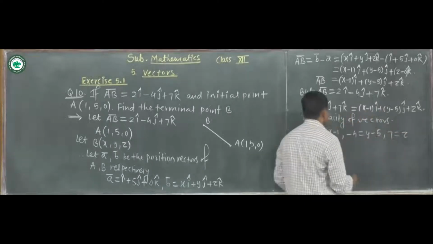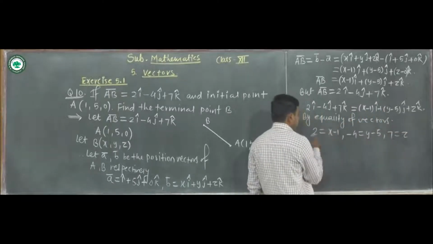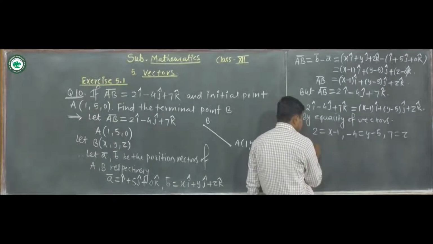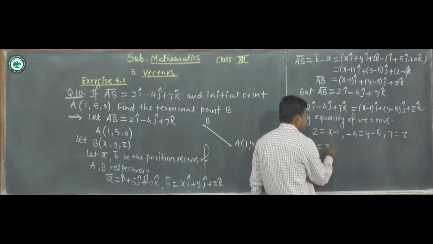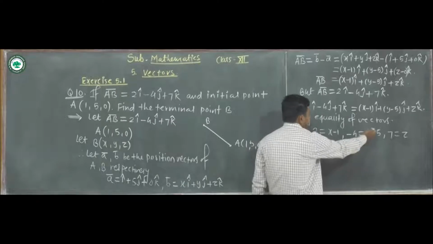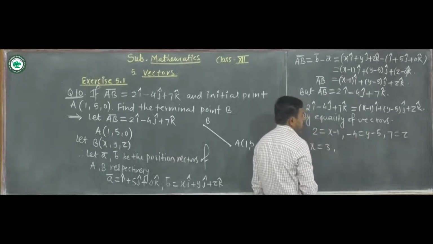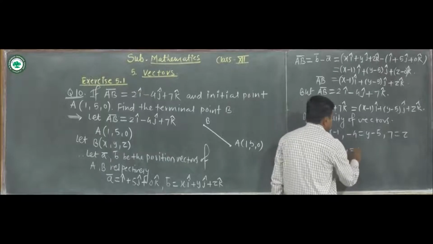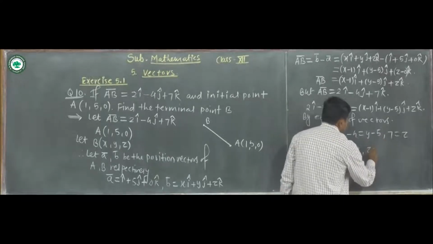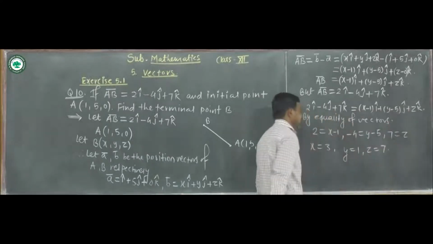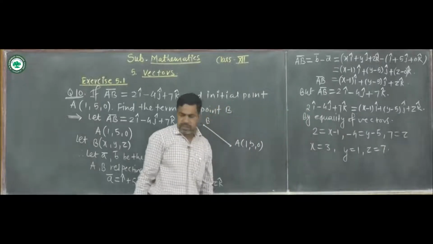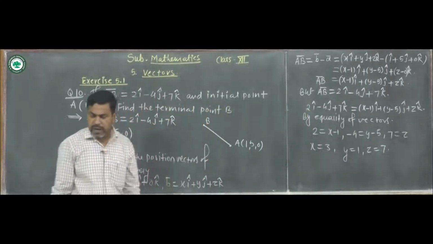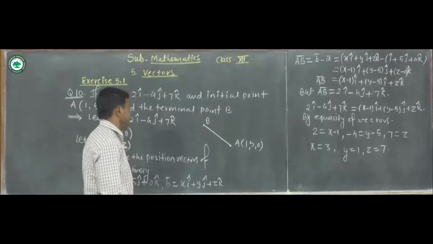Therefore from this equation x is equal to 3. From this equation, shift the minus 5 here, so plus 5: minus 4 plus 5 becomes 1, so y is equal to 1, and from the last one z is equal to 7. So x is equal to 3, y is equal to 1, and z is equal to 7.